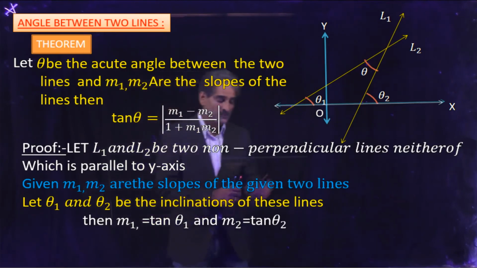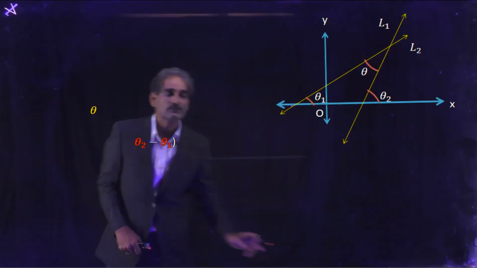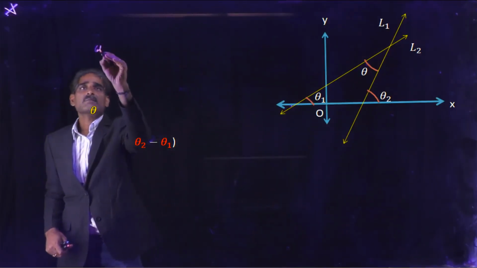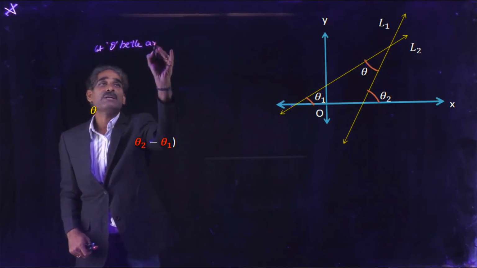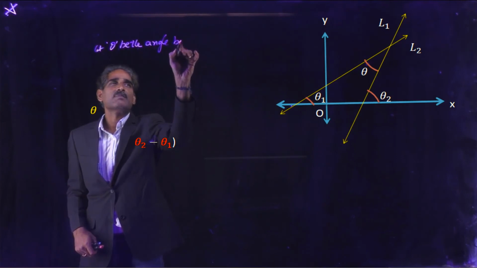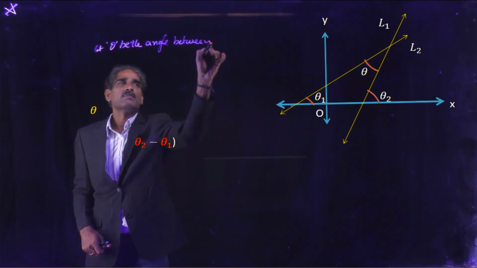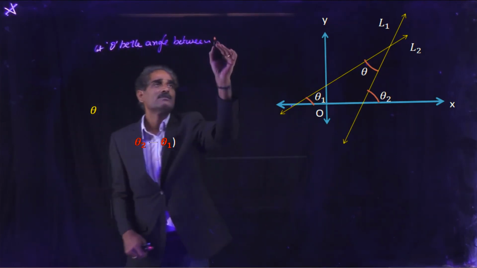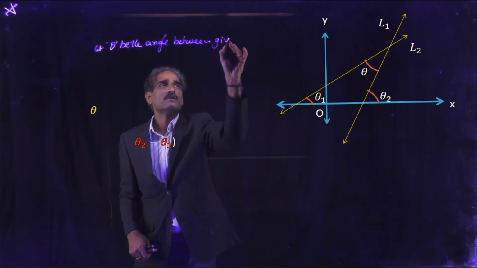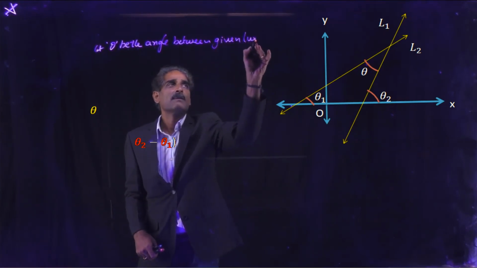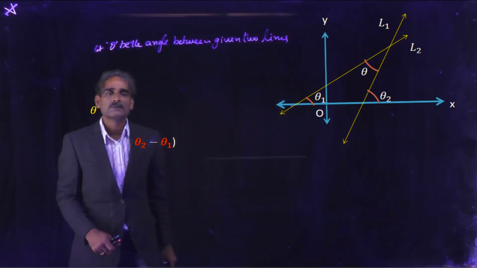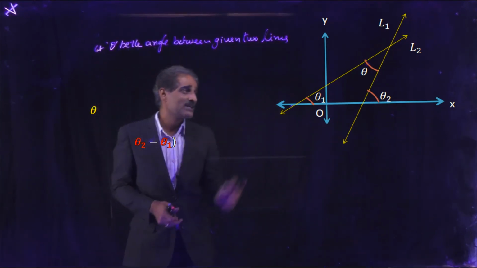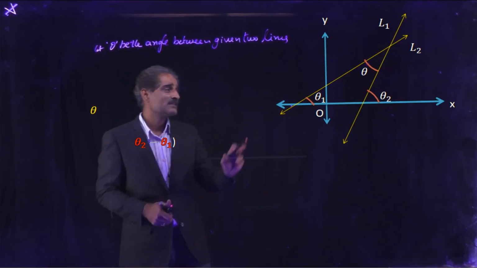Okay, right. See, let theta be the angle between the given two lines. So, from the figure, what is the relation between the angles?